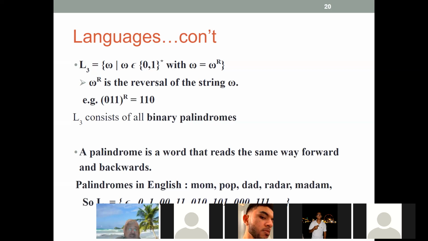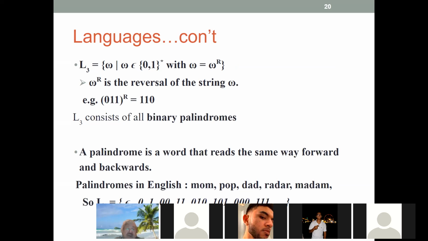Okay, so omega superscript R is the reversal of the string omega. So 0 1 1 in parentheses, the reversal of that string is the string 1 1 0. All right. So L3 consists of all binary palindromes.